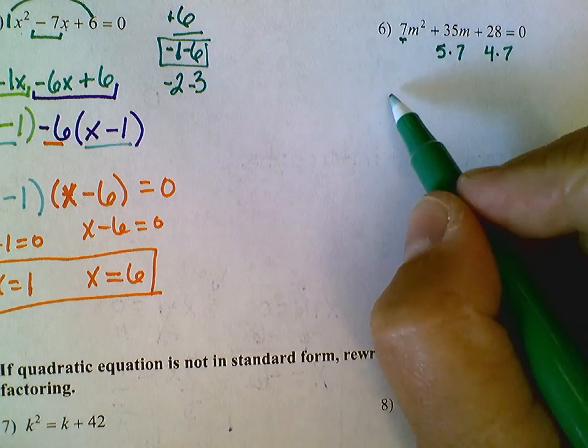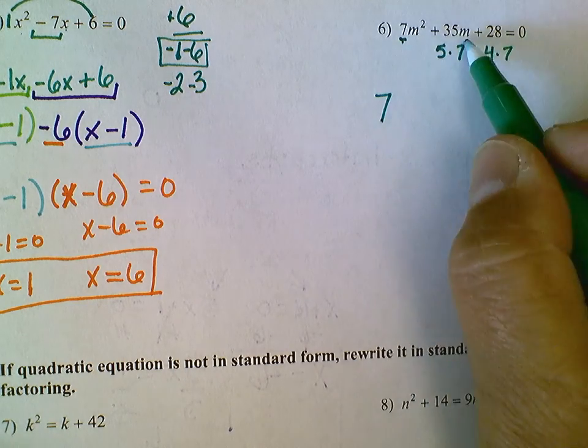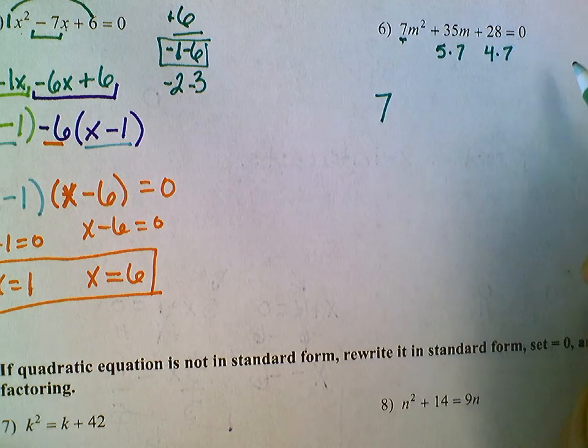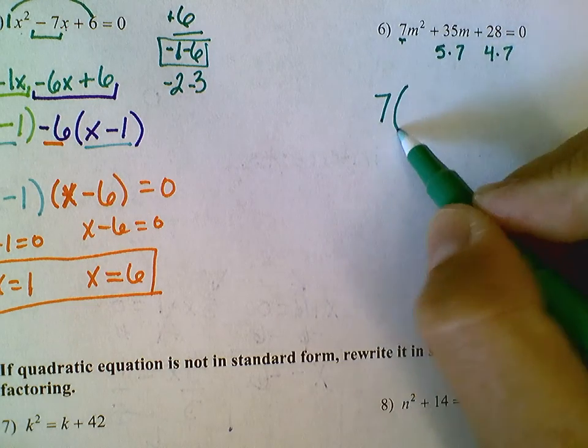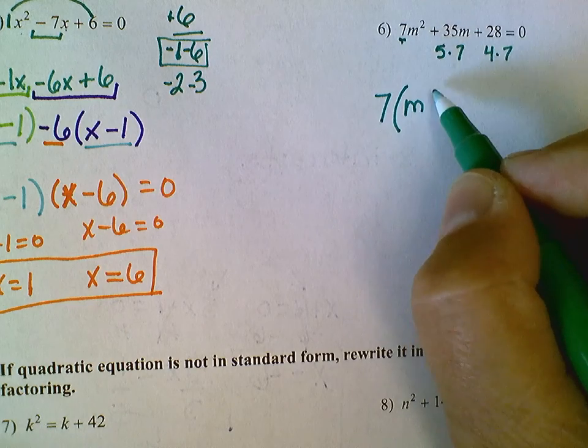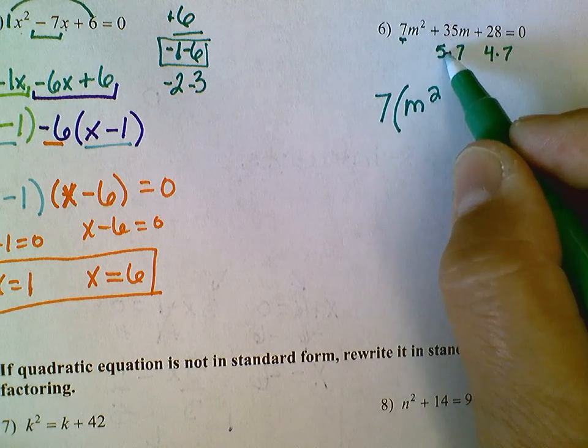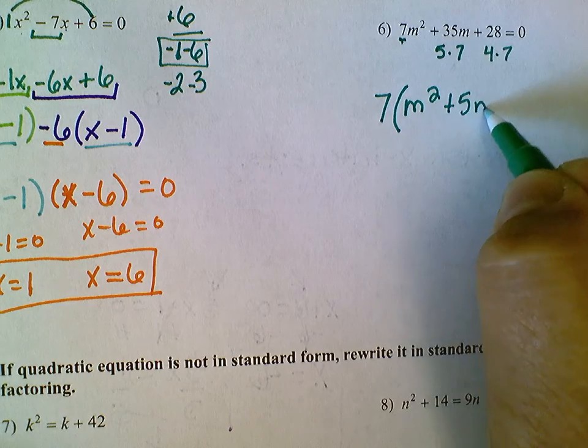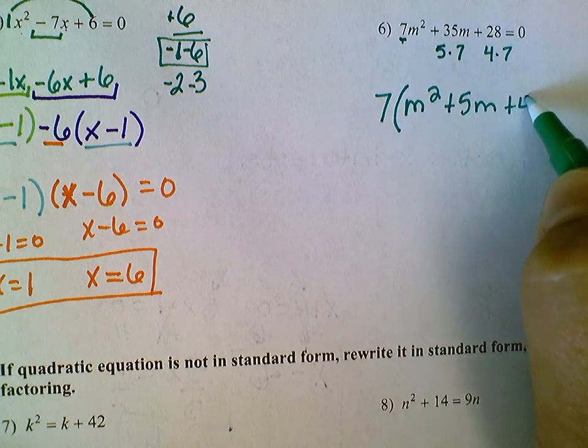If I factor out a 7, I cannot factor out an m because there is no m in my third term. So what does that leave me with? M squared plus 5m plus 4.